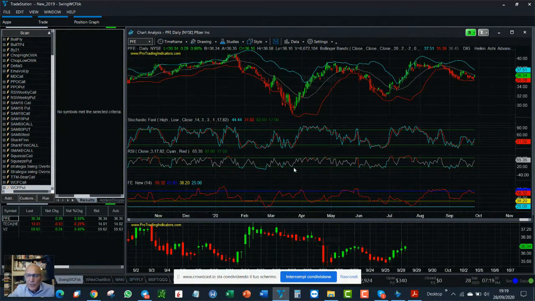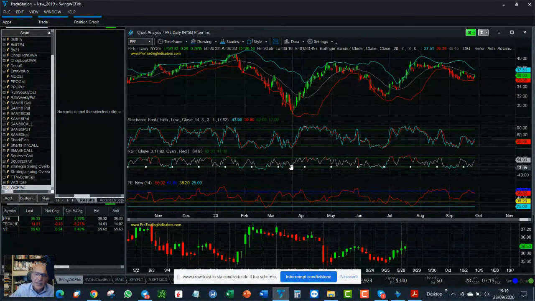And the third condition is that we need to have the RSI in the oversold area. Okay, in this case, we're just touching the oversold area.